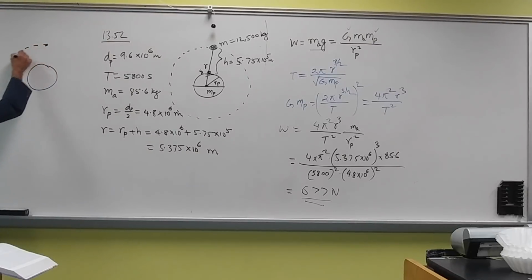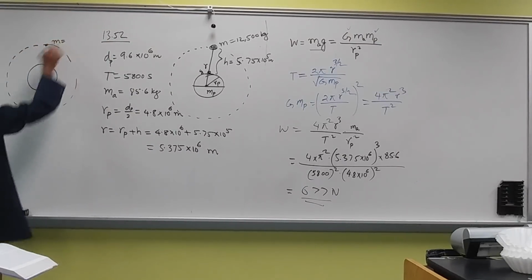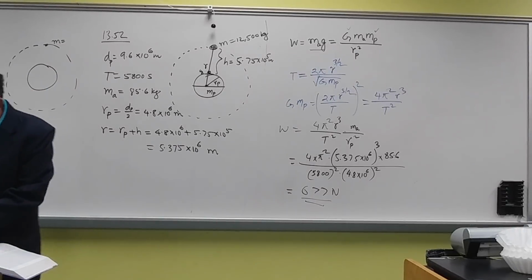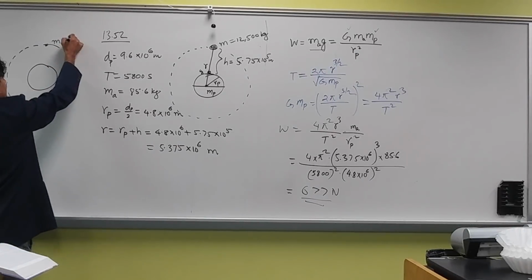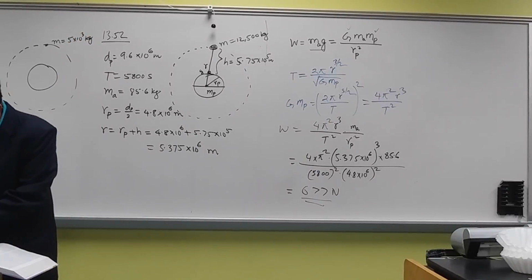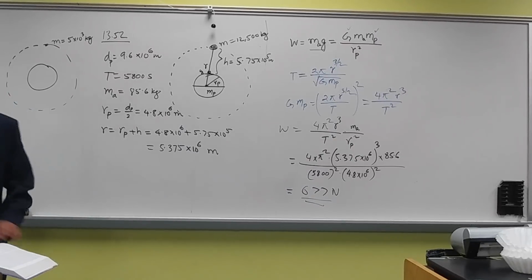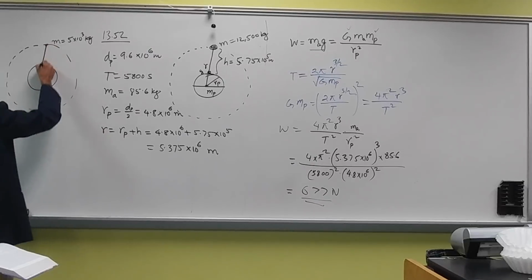So we have a rocket. Mass of the rocket is given, 5 times 10 to the third kilogram, in a circular orbit of radius 7.2 times 10 to the 6.